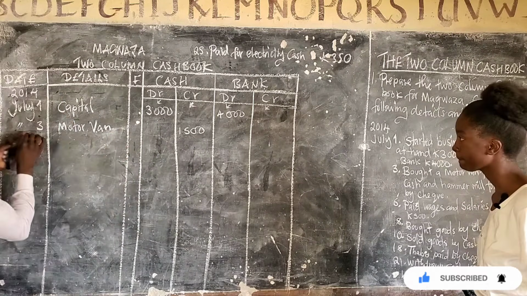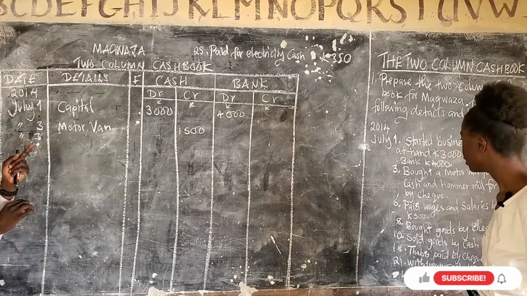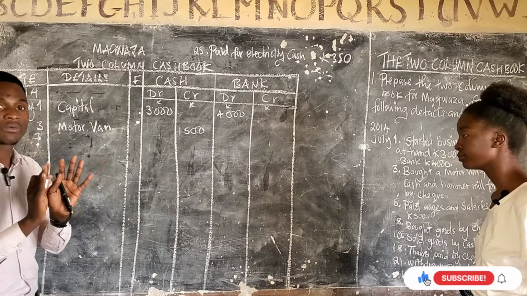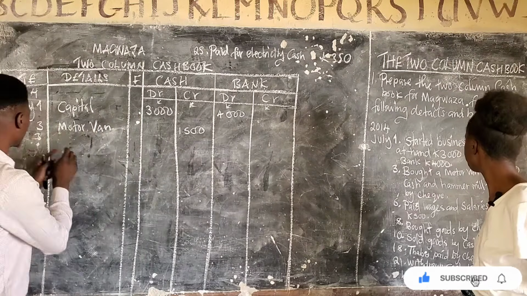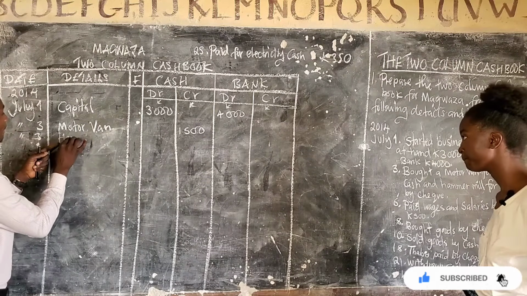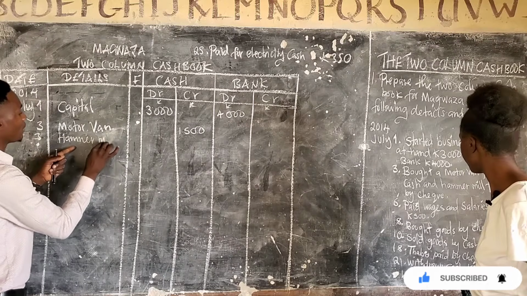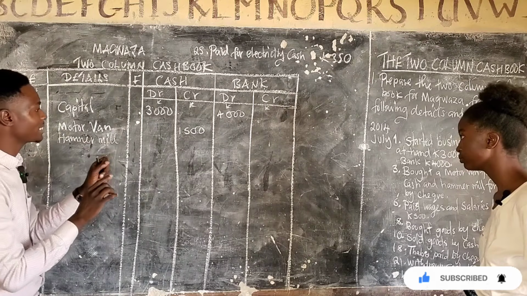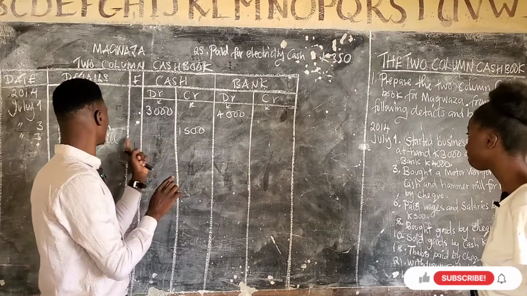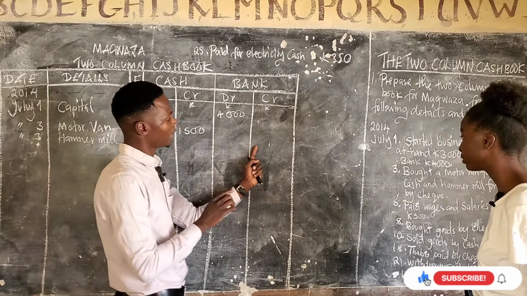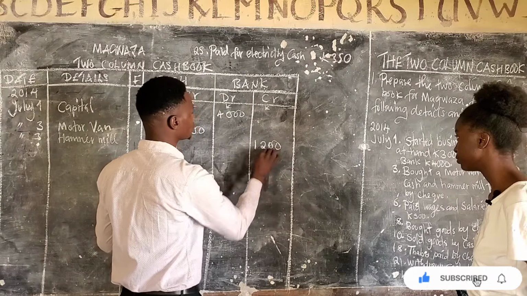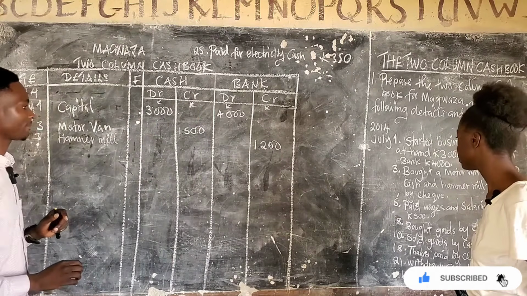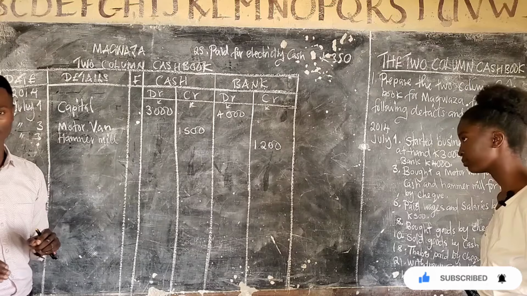Then on the same date, July 3, we purchased a hammer mill. So we're going to write here hammer mill. We purchased this by check, so we're going to credit bank. How much? 1,200. Can we go to the next transaction?